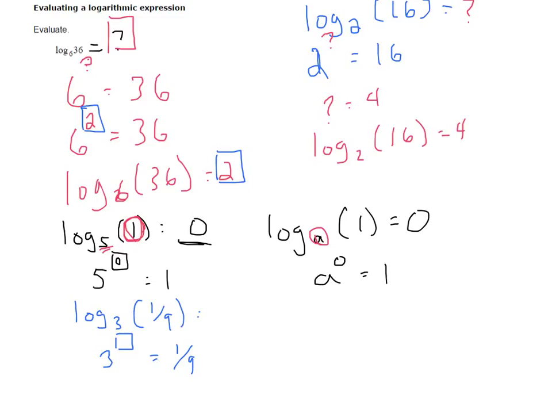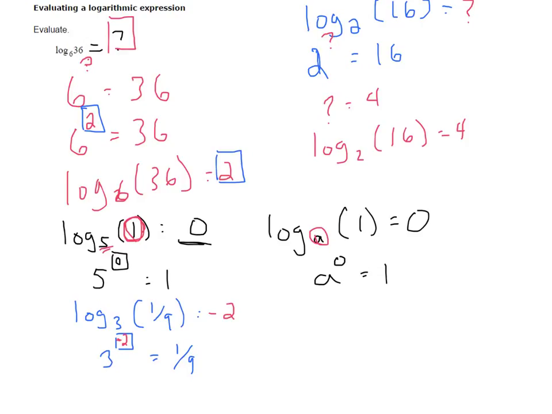Because this number is greater than 1 and this number is less than 1, there's some sort of reciprocal going on here. So this is going to be a negative exponent in order to get that reciprocal. The reciprocal gives you 1 over something, and then it's the second power that will get you the 9. So this is going to be 3 to the negative second power. 3 to the negative second power is 1/9, and so this is negative 2.